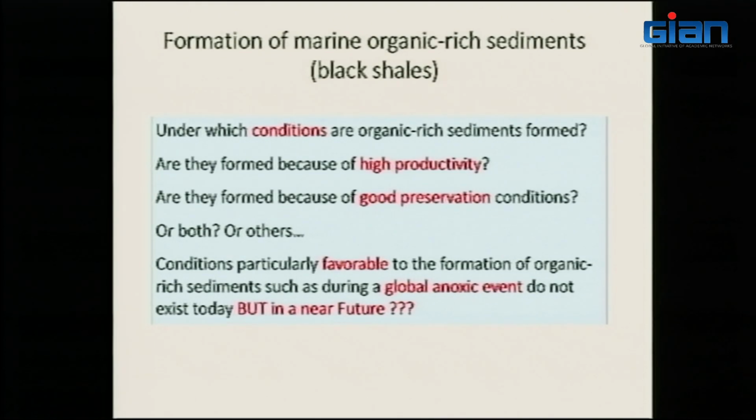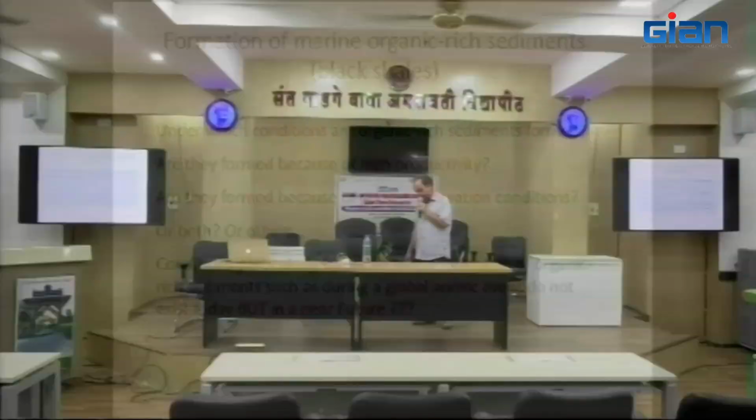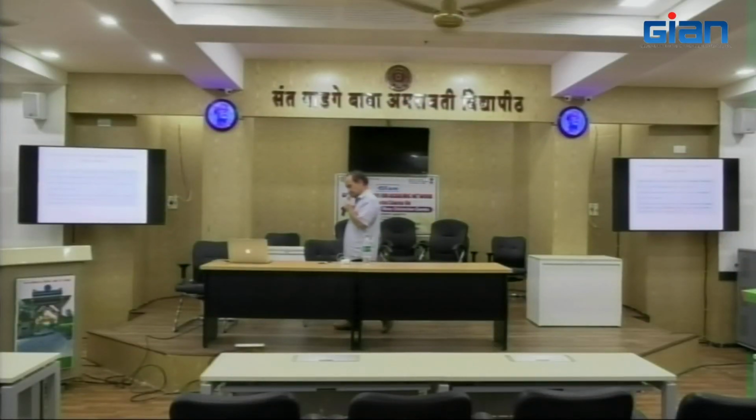These are sediments which have generally more than 5% organic matter, meaning that for petroleum exploration this is a very good source rock. I just remind you that thanks to the black shales we have probably the best source rocks in the world, mainly Jurassic and Cretaceous.